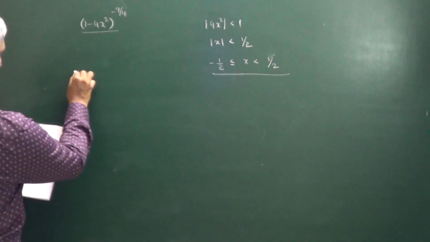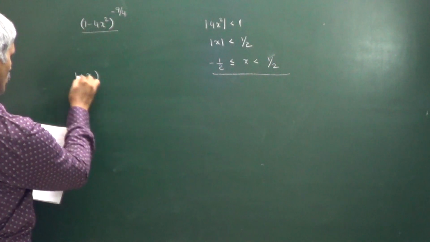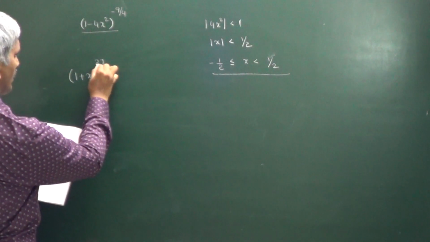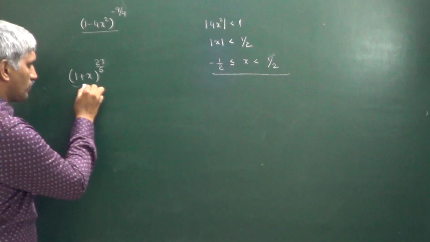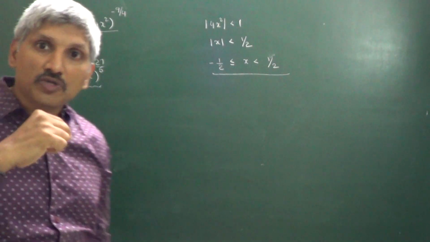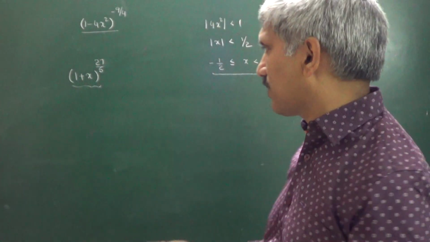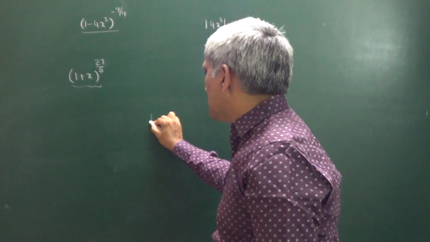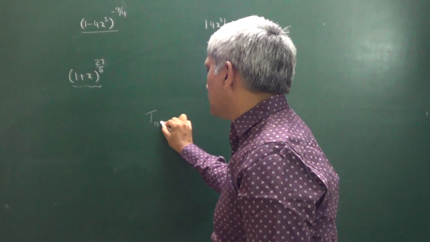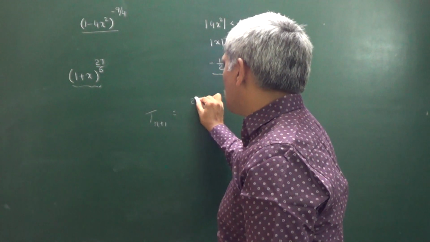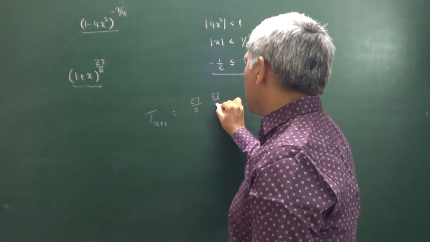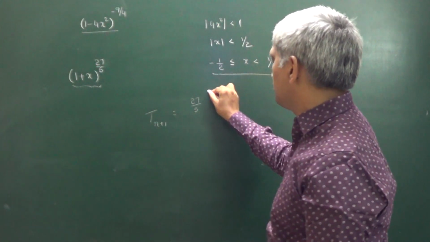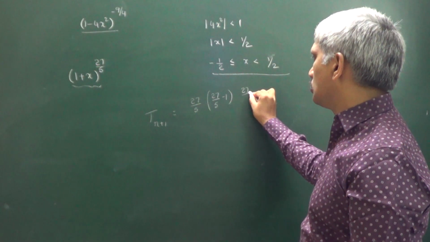Let's take another question here. (1 plus x) to the power of 27 by 5. What is the first negative term in this expansion? First negative term we have to find in this expansion. What is the general term? Tell me. T r plus 1 is equal to n into n minus 1 into n minus 2, and so on.